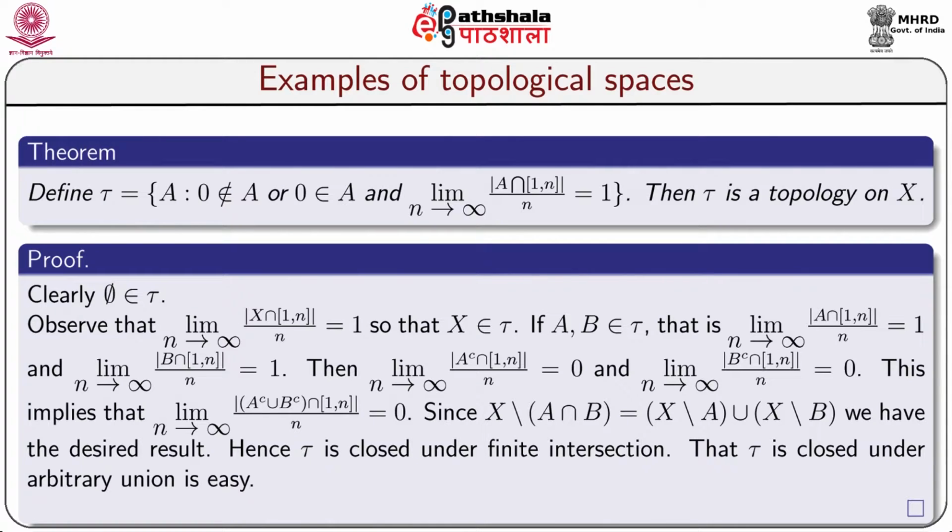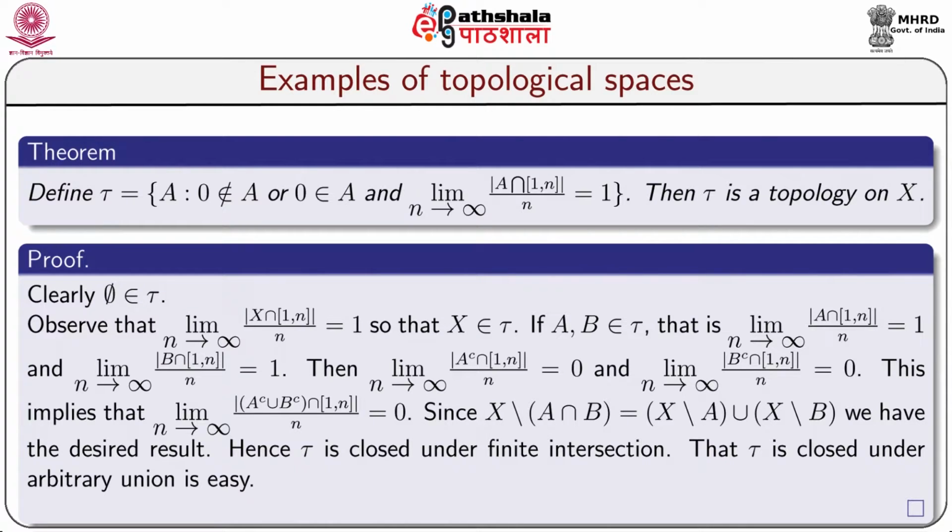Then the limit of cardinality of A complement intersection {1, ..., n} divided by n is equal to 0, and the limit of cardinality of B complement intersection {1, ..., n} divided by n is equal to 0.